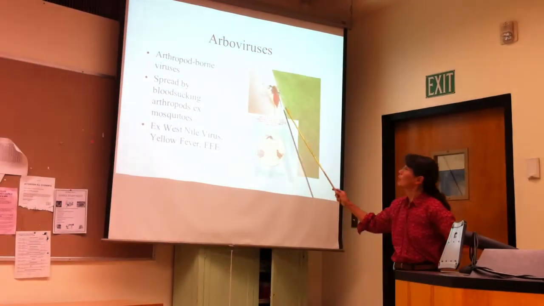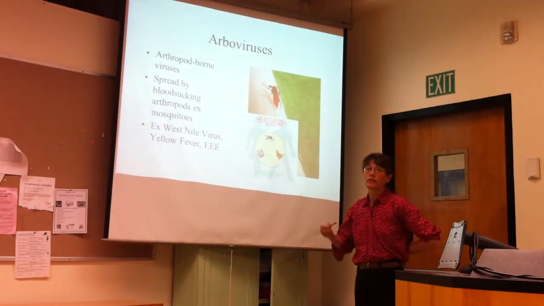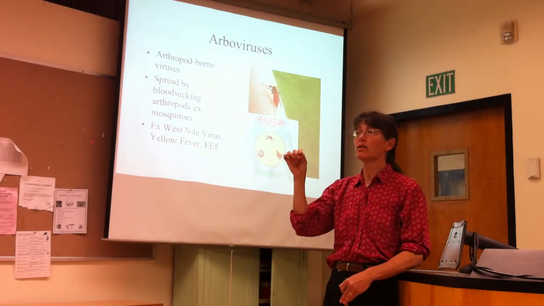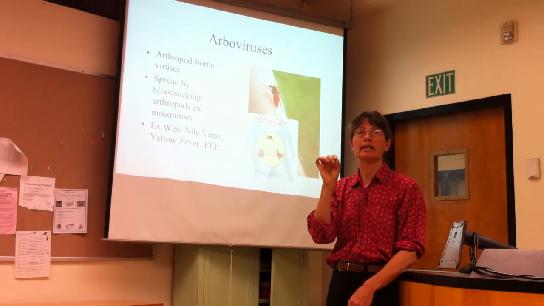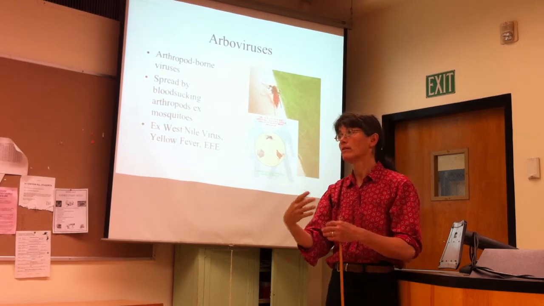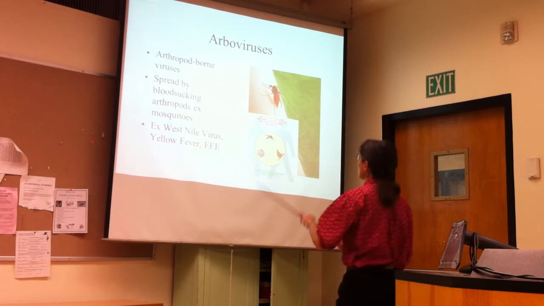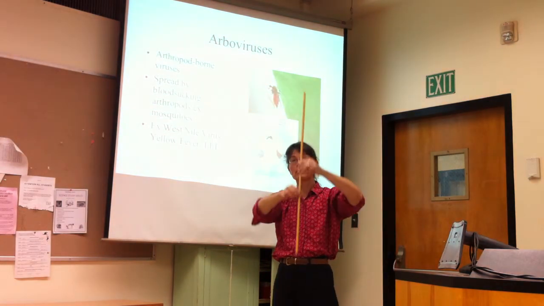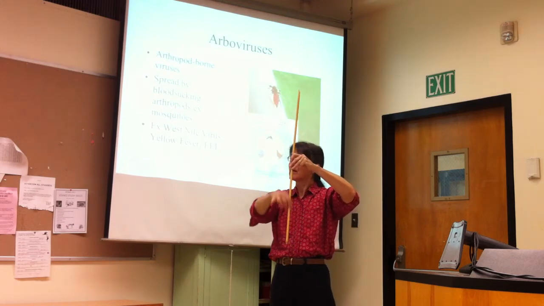Blood-sucking arthropods, often when they feed on a host, they have to inoculate a little bit of anticoagulant. Otherwise, the blood might clot and clog up their mouth part. So with mosquitoes, they have this long, hollow mouth part which pierces the blood vessel. It's like a little hypodermic syringe.